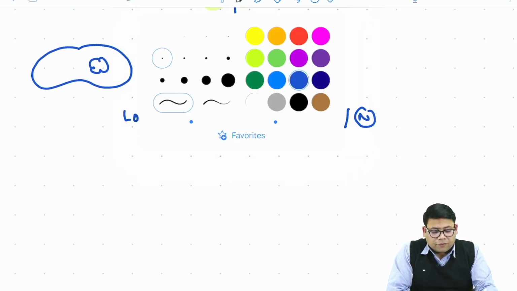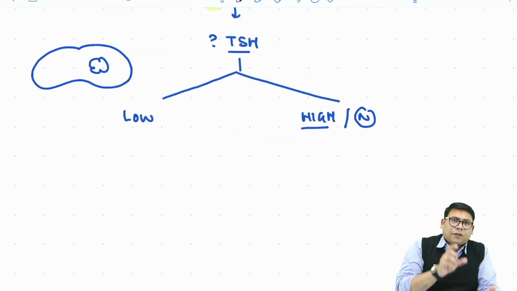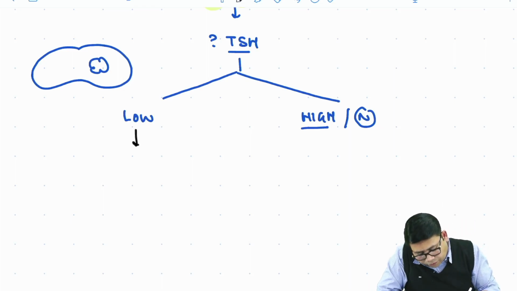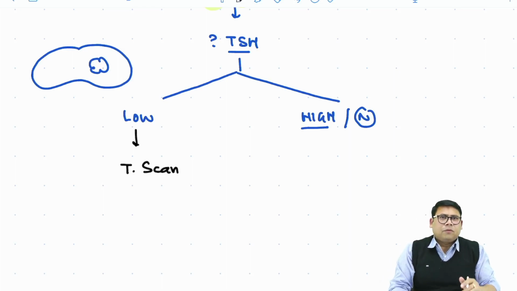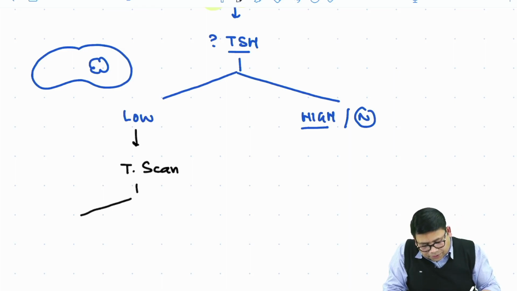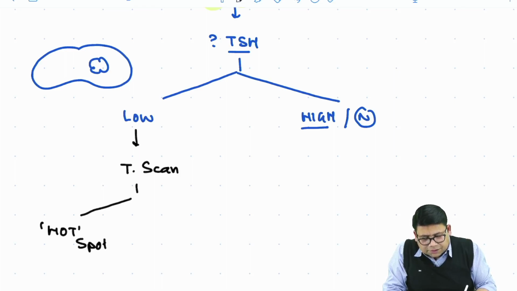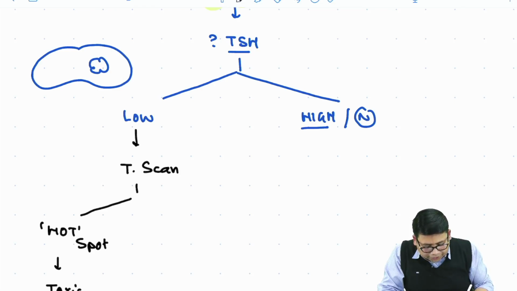Now you need to confirm whether the gland is working more or whether this nodule is, and for that you go for what scan, students? Thyroid scan. You can use technetium, you can use iodine 123. So on technetium scan or thyroid scan, if you get a hot spot, that means this is a functionally active hot nodule, and this is a case of toxic adenoma.